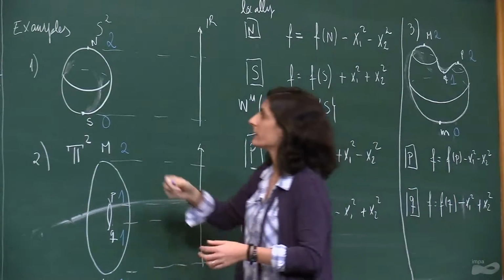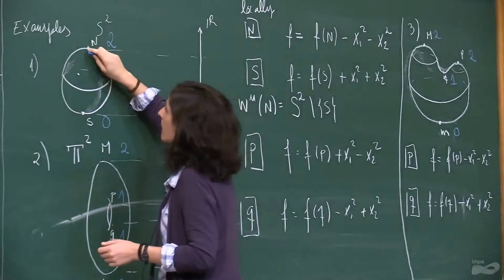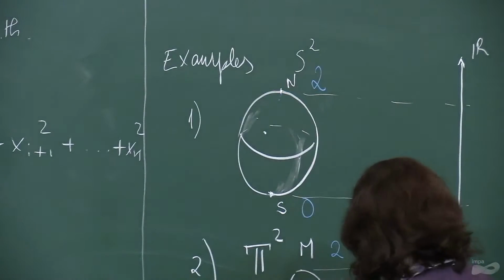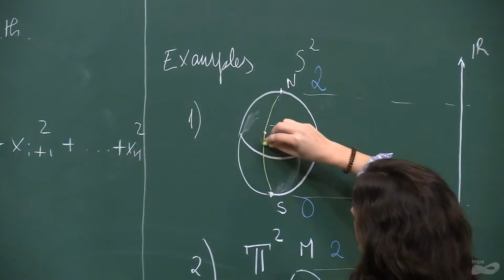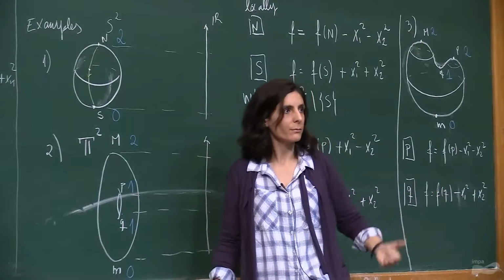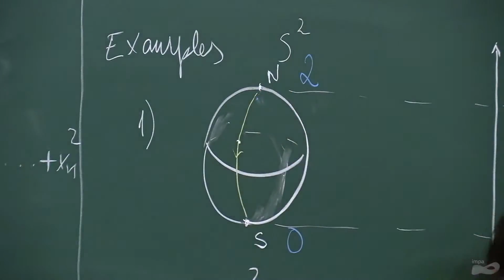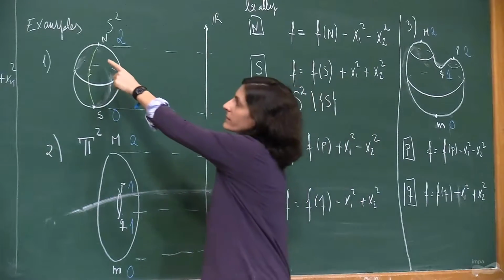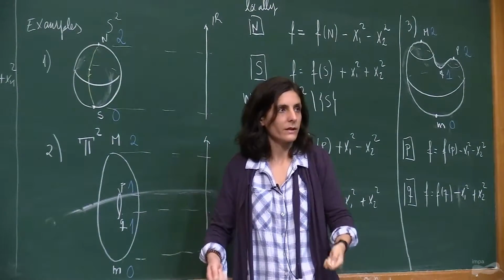For each point I take here, I know that in infinite time going backwards, I'll reach the North Pole. All points satisfy this condition except the South Pole, because I'm there. I cannot leave the point.